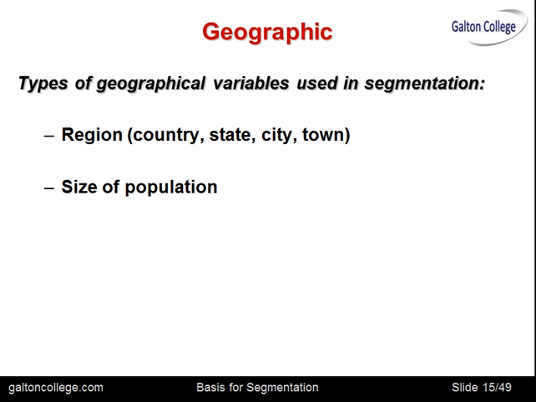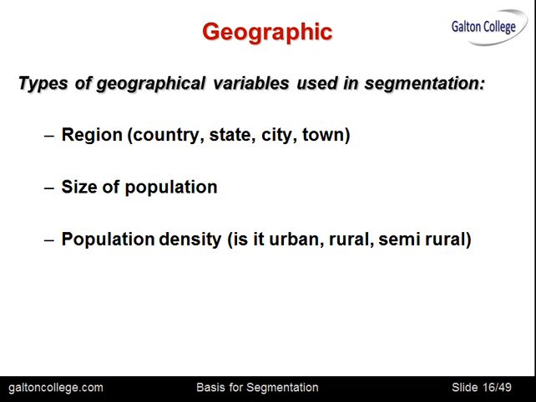If the business has significant capacity, it may take a very populous state to try and market its product and aim for big sales, significant sales. But of course, there is no point in getting significant sales if there is no production capacity to meet that. Size of population is a basis for geographic segmentation, as is population density.